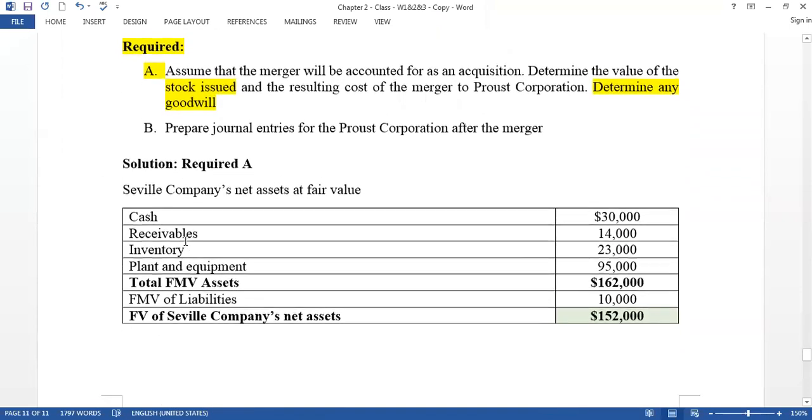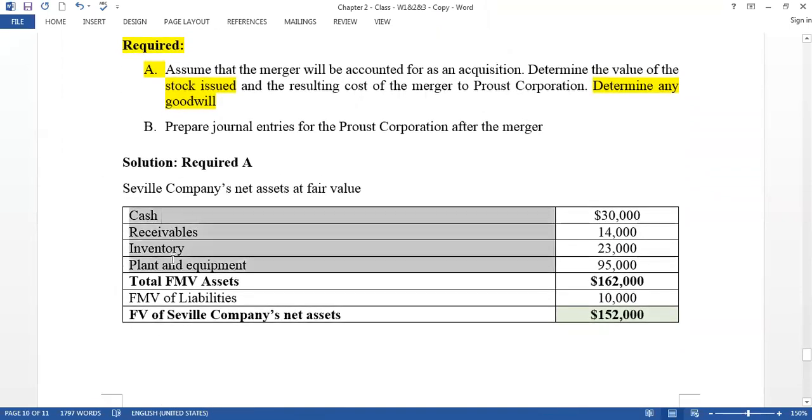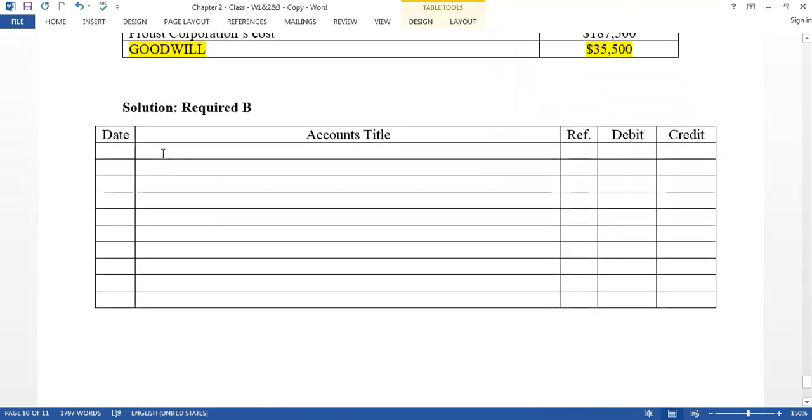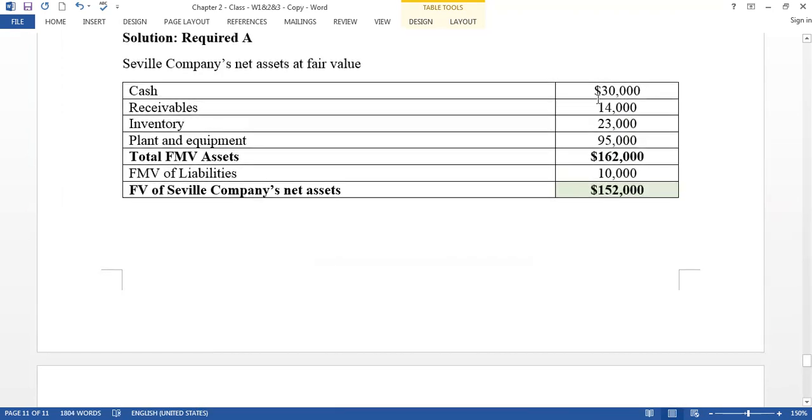Very simple. We buy their cash, we buy their receivables and plant assets. It is debit. We know that we have a goodwill. Debit. And this is the amount.